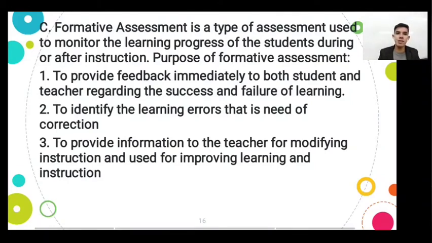Okay? And number 3, to provide information to the teacher for modifying instruction and used improving learning and instruction. Okay? So, formative assessment, we as a teacher, you know that if may mali na doon, you have to modify your instructions. Okay?